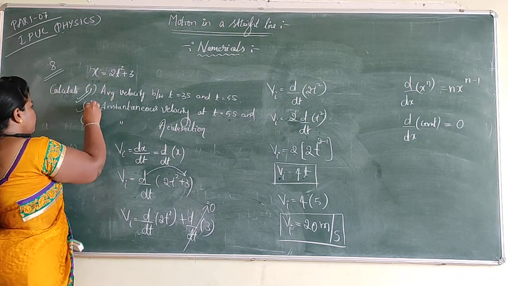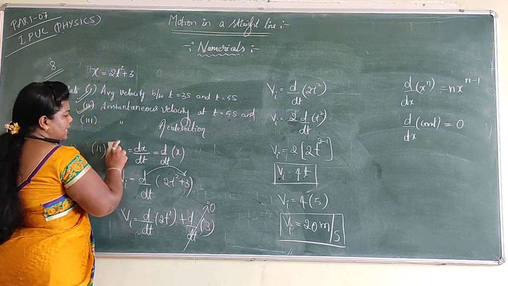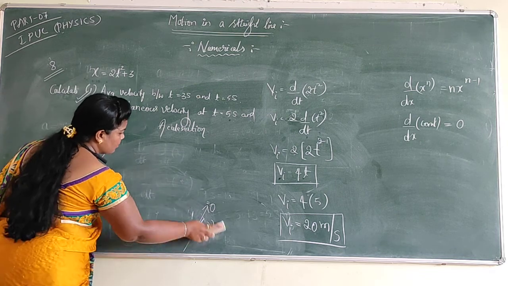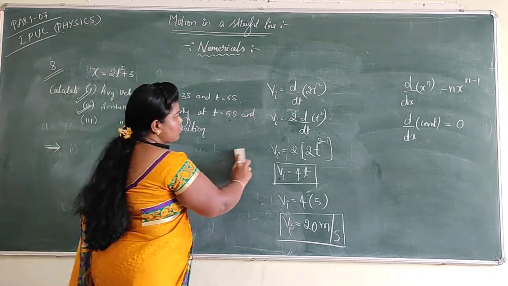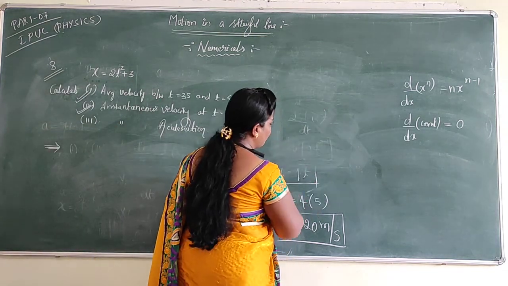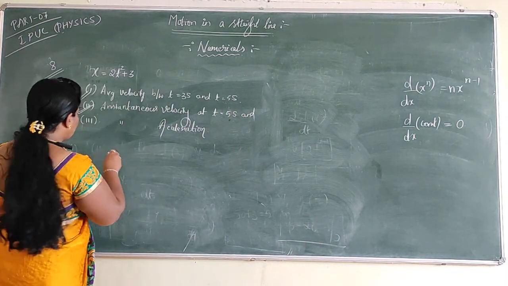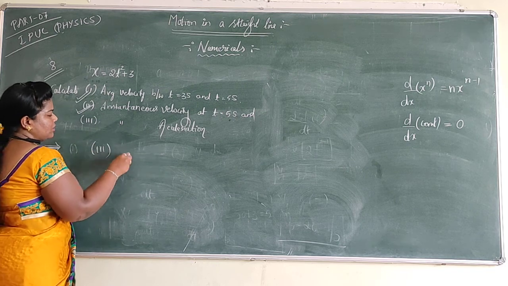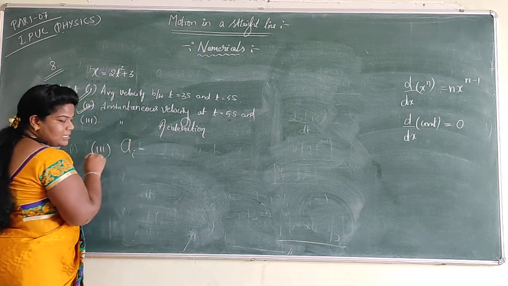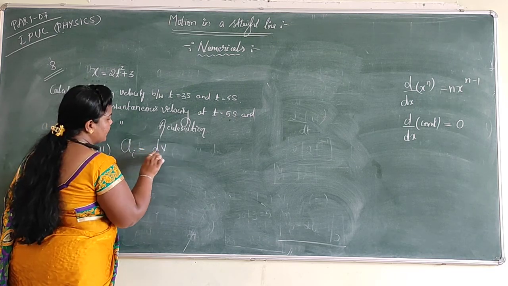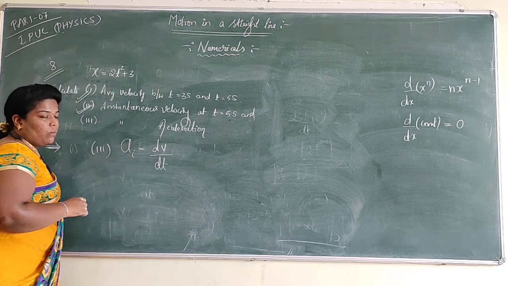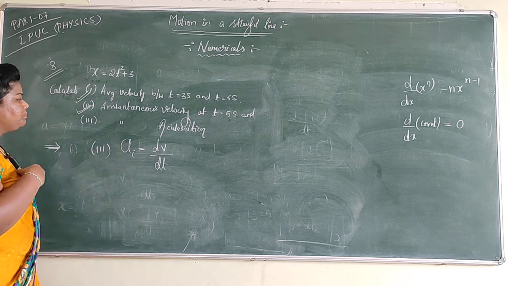Now let us move to the calculation of instantaneous acceleration. My dear students, we have also written the formula for instantaneous acceleration. AI can be written as dv by dt, that is the change in velocity with respect to time.